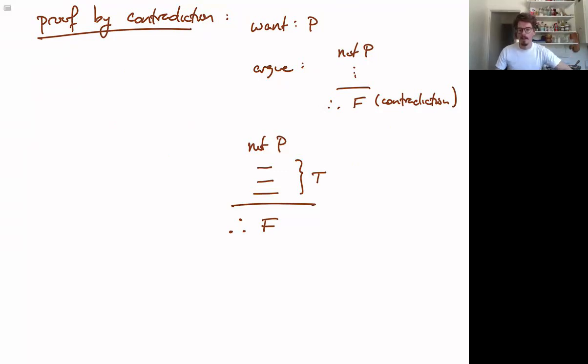Because the logic we're taking advantage of is that if the conclusion is false, then one of the premises must have been false, and it can only be this one. So we conclude that not P is false, which is to say that P is true, as we wanted.